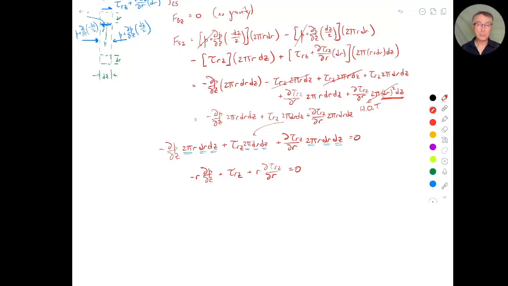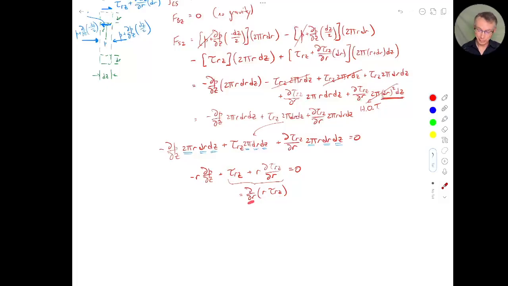At this point, if you look at it long enough, squint your eyes and whatnot, you'll see that this term can be written a little more compactly as d over dr times r tau rz, right? Because if I carry this derivative through on the r, dr just is 1, then I have the tau rz term there.